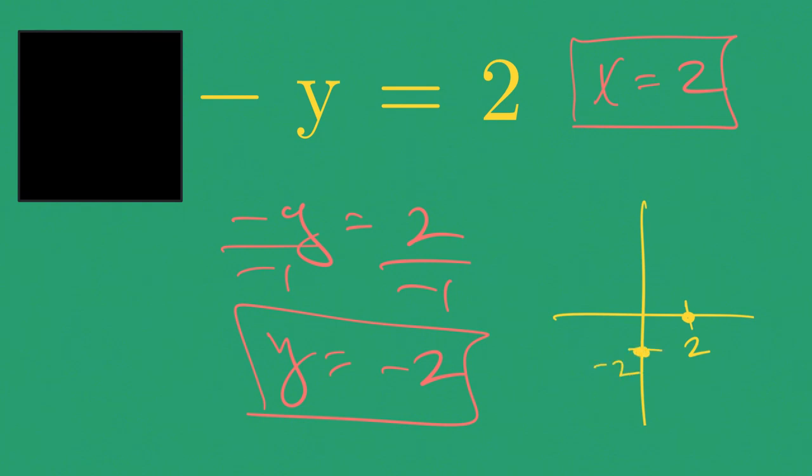That point is going to be your y-intercept. And then you'll be able to draw a line through those 2 points. That is now a line that is representative of that equation that we just had, using x and y intercepts to graph.